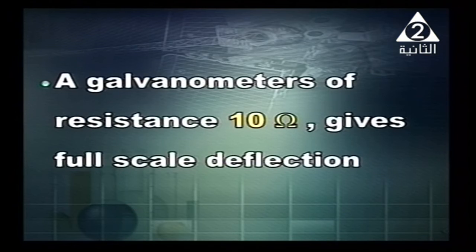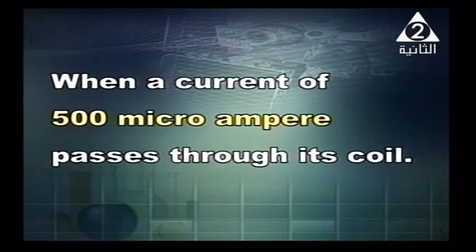And now we've got a problem. A galvanometer of resistance 10 ohms, so Rg is given to be equal to 10 ohms, gives its full scale deflection, Ig, when a current of 500 microampere passes through its coil.